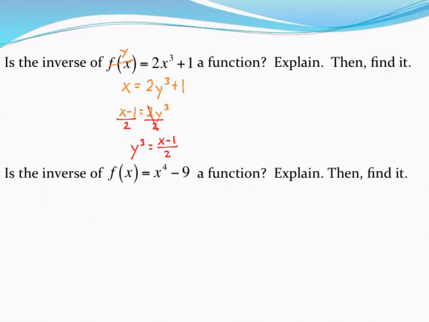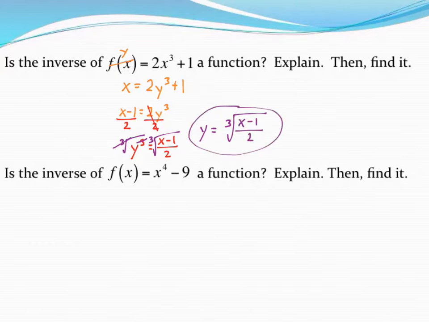My final step is going to be getting rid of that third power. Well, the opposite of raising something to the third power, or the inverse, is to do a cube root of both sides. So I'll do a cube root of that entire fraction. Make sure your fraction line includes that 2 on the bottom. Cubing and taking a third root cancels that out, so I'm left with y equals the cube root, and again, make sure that goes around the entire fraction, of x minus 1 divided by 2.